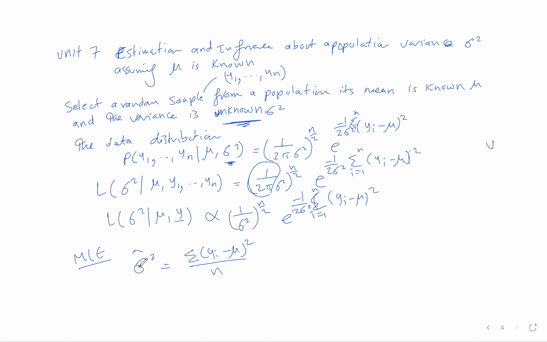But in the Bayesian approach, we do not use only the likelihood, we use the likelihood multiplied by the prior distribution. So the Bayesian approach gets the posterior distribution of sigma square, given we know y's and mu.